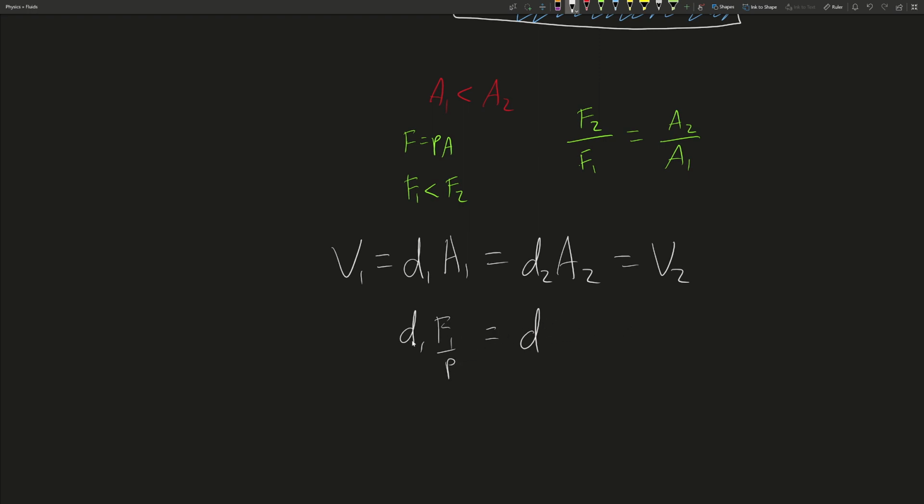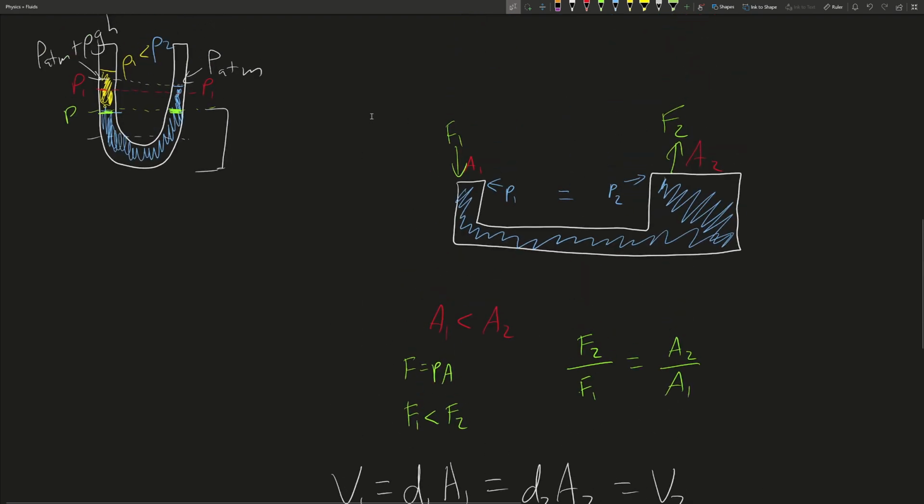So distance 1 times force 1 divided by pressure is equal to distance 2 times force 2 divided by pressure. And then we can cancel out the pressures, and we get that force 1 times distance 1 is equal to force 2 times distance 2. And this is equivalent to saying that work 1 is equal to work 2, which means that no energy is gained or lost in the system, which shows conservation of energy.